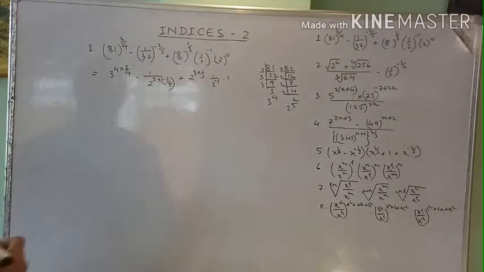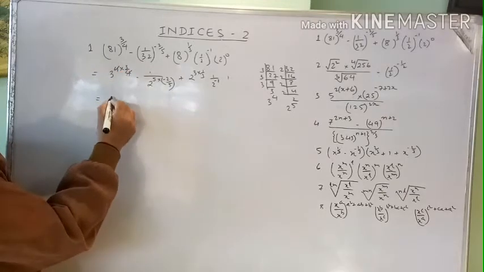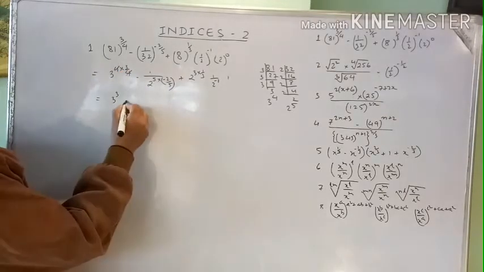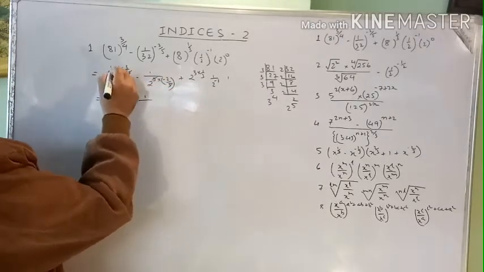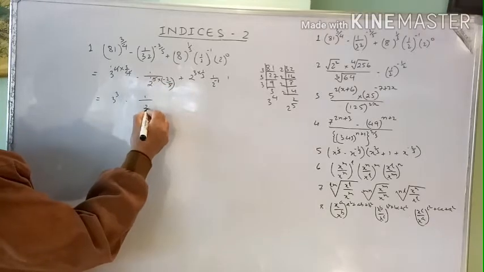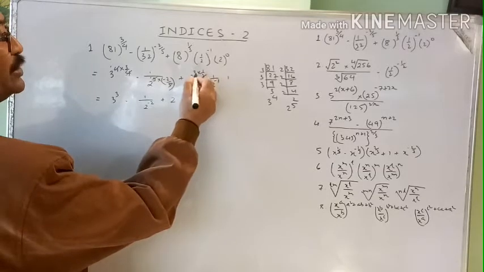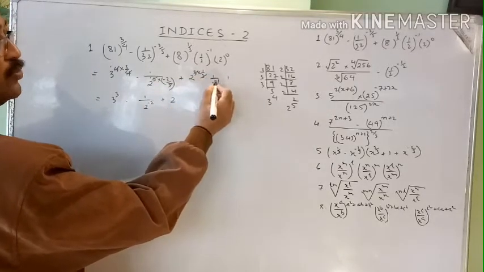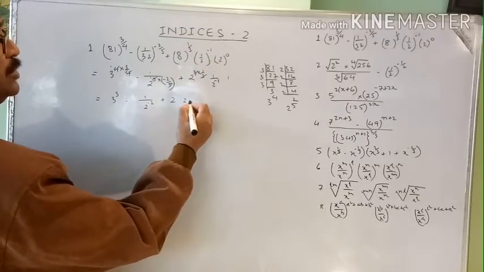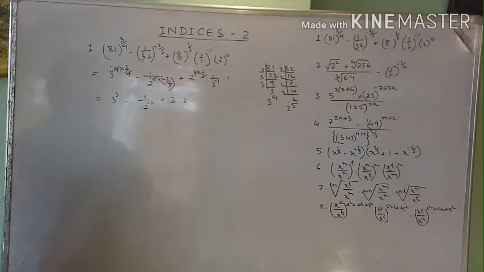Now if you simplify further, 4 will get cancelled, so you get 3 cube here, minus 1 by this, 5 and 5 get cancelled, so you get 2 to the power minus 2 plus 2 to the power 3 cancels, so it is only 2 into this. When it goes up it becomes plus, into 2 and into 1 will be the same thing, because anything into 1 is the same thing.